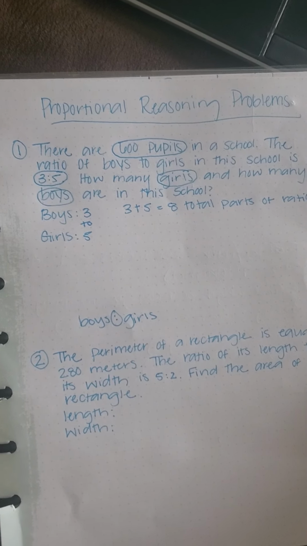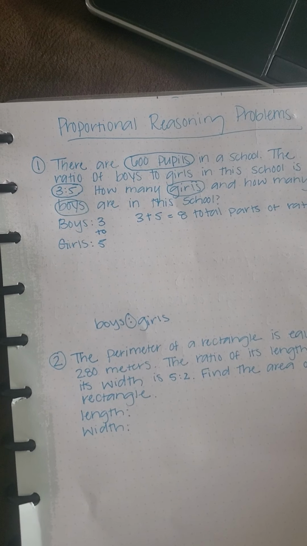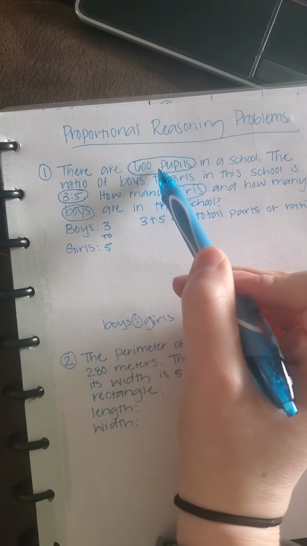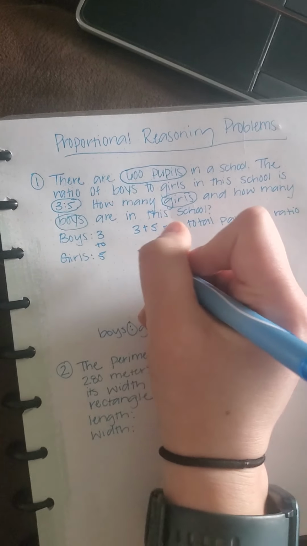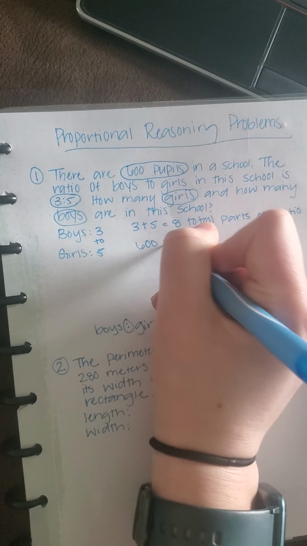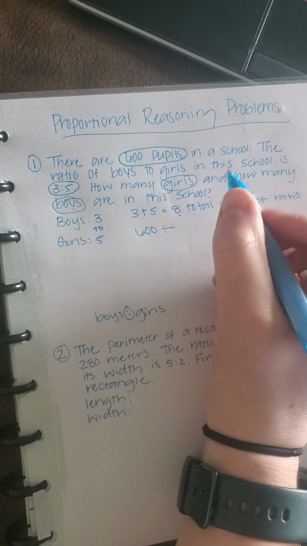Looking back at our problem, how many total students were there? Very good, there are 600 total students. We're going to take that number and divide it by our total parts, which is 8.